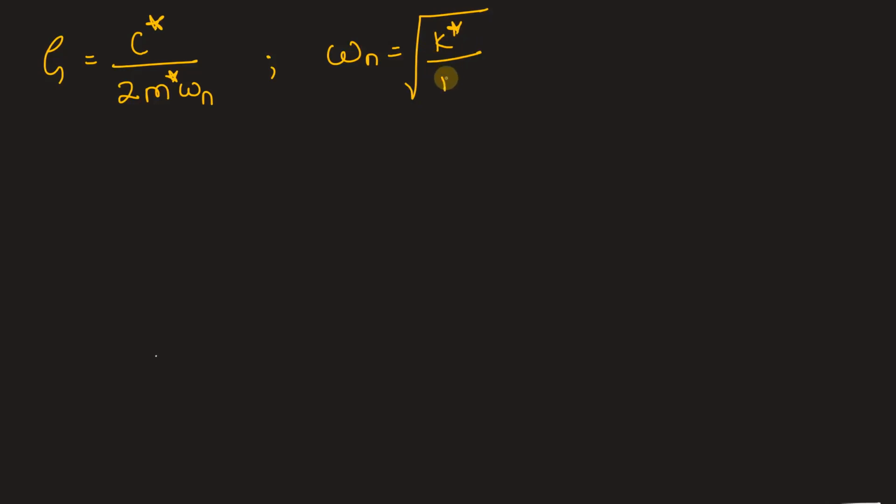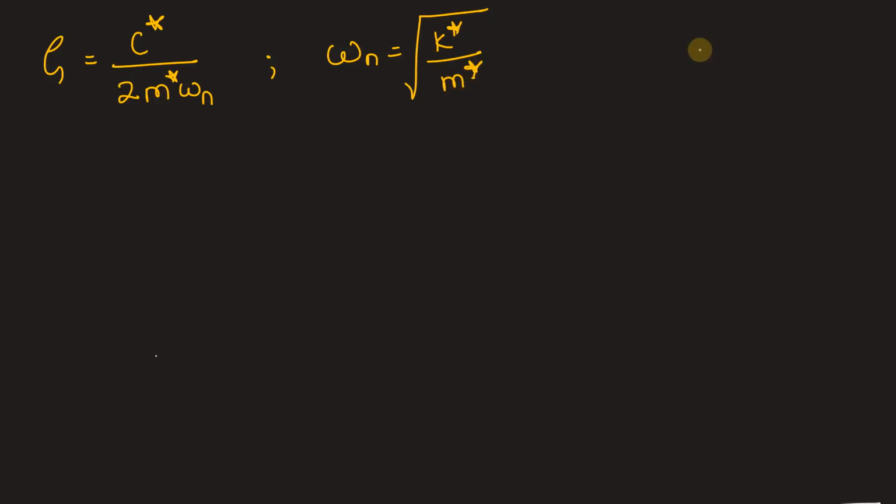Now we know that the damping ratio zeta is equal to the damping constant, in this case C star, upon the critical damping. For a generalized single degree of freedom system, critical damping is written as 2m star omega n. Omega n is the natural frequency of the system, which is given by root over, for a generalized system, k star upon m star.